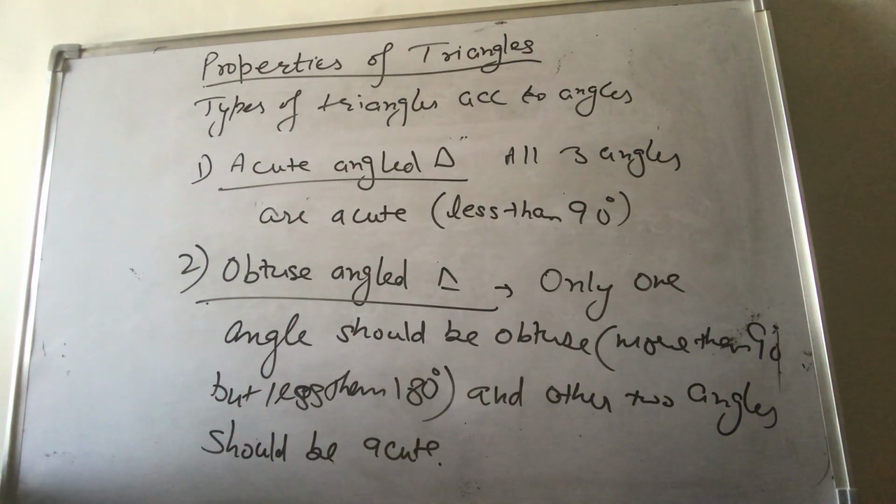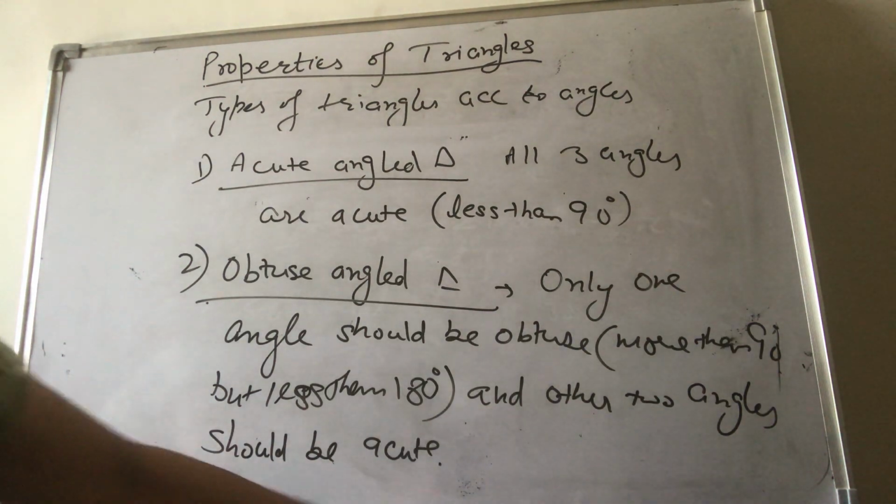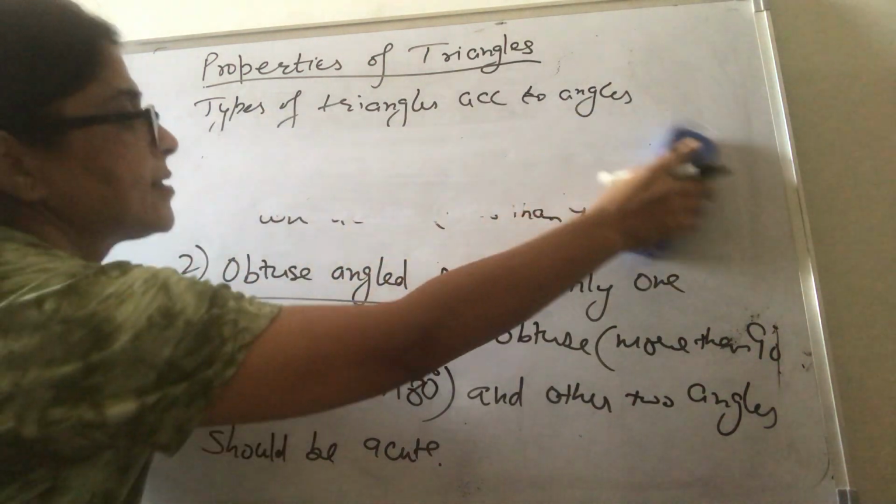That is the important point, that the other two angles of the triangle should be acute and only one angle should be obtuse.